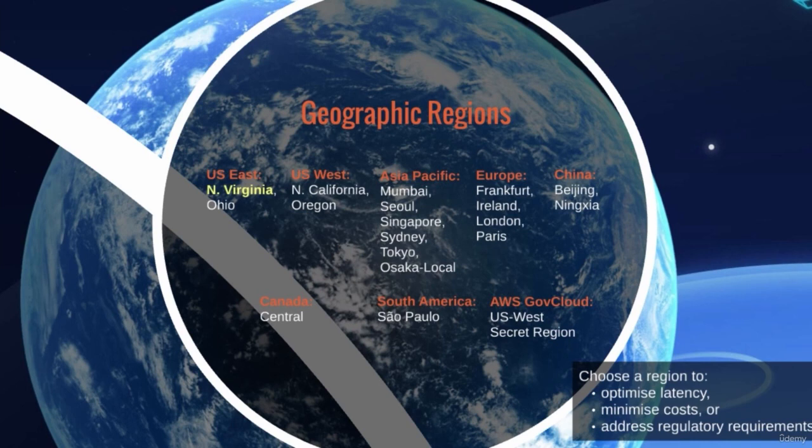You may also want to locate your server in a totally different country for regulatory reasons, or you may want to be located in your country for regulatory reasons. So there are a number of factors to take into consideration when selecting a region.